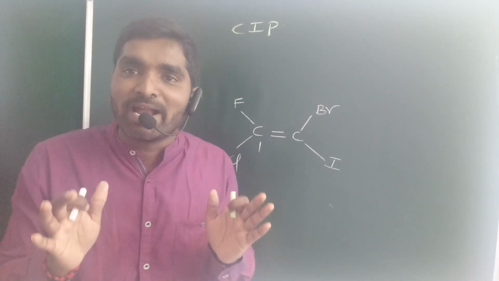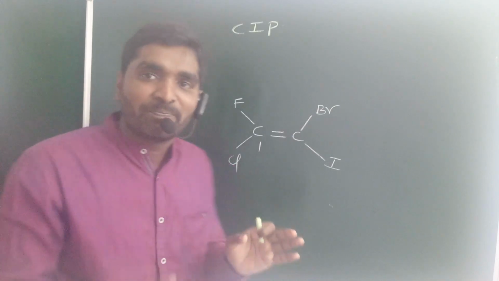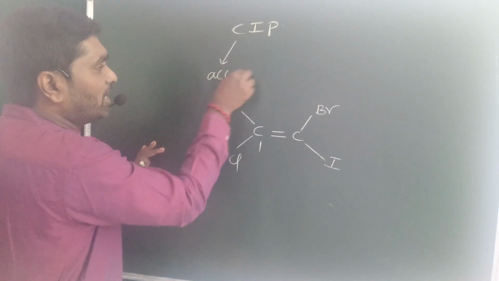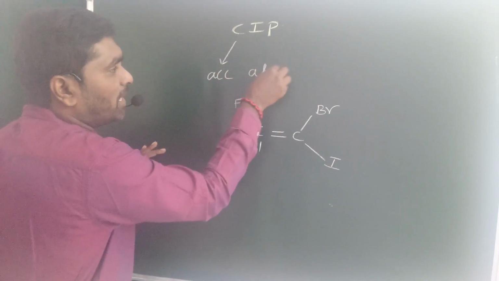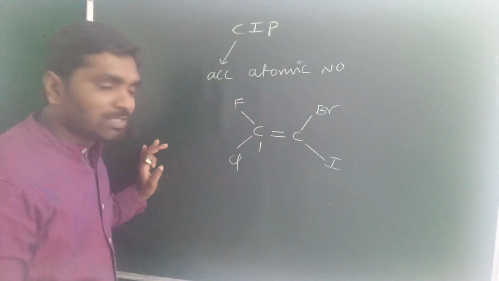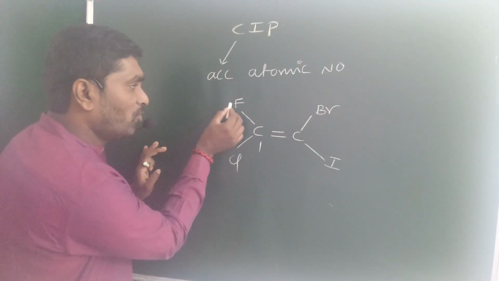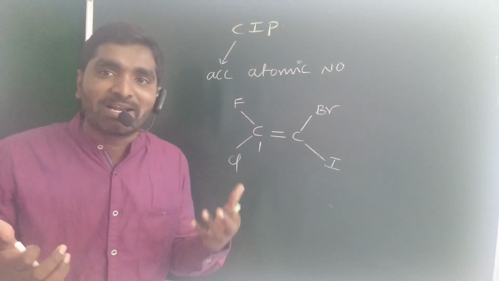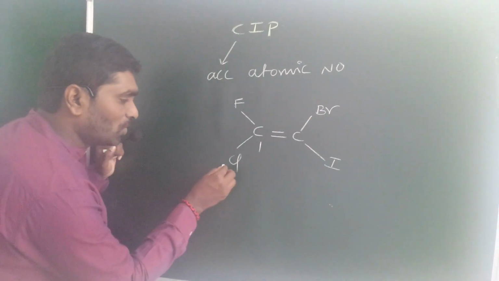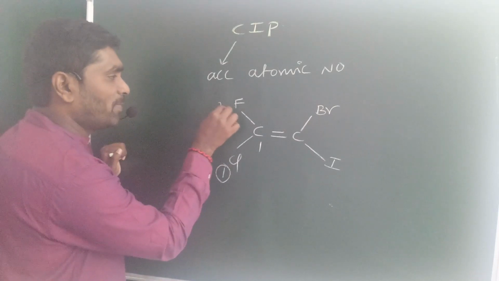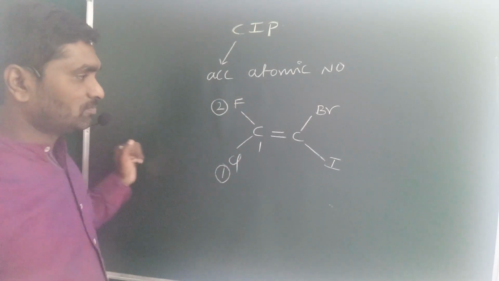CIP rules are according to the atomic number. Look at these two atoms, fluorine and chlorine. Chlorine has a higher atomic number compared with fluorine. So chlorine should be the first priority and second priority goes to fluorine.